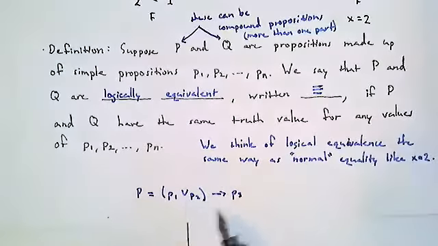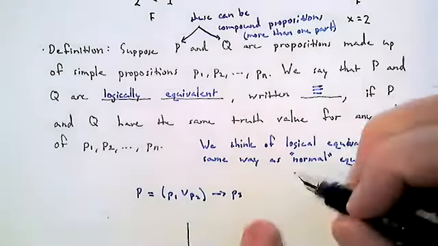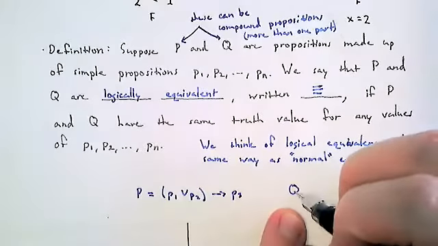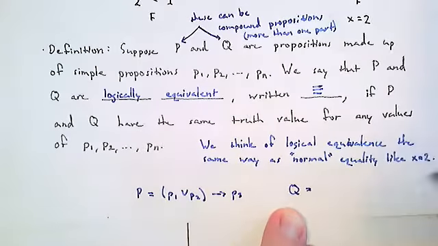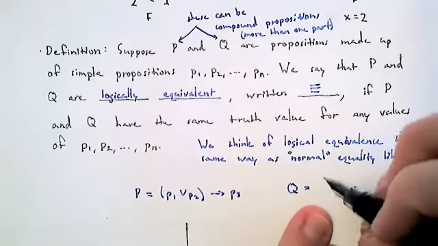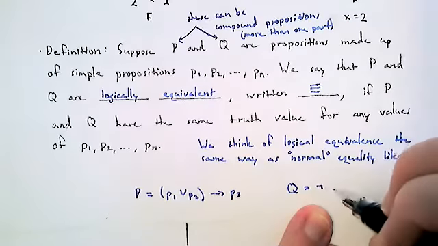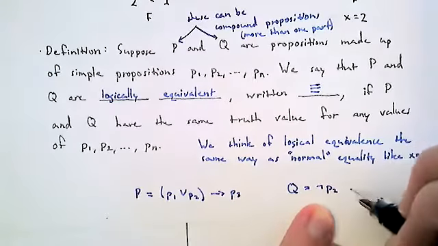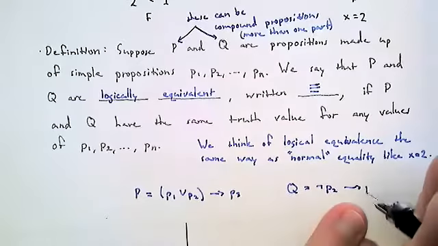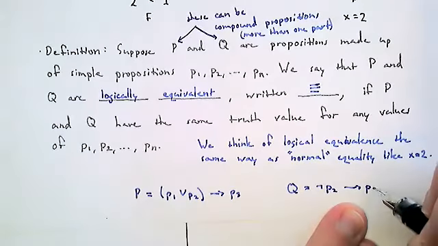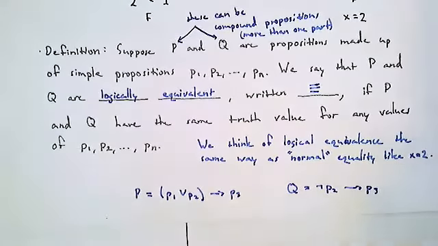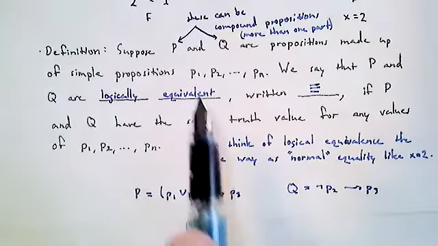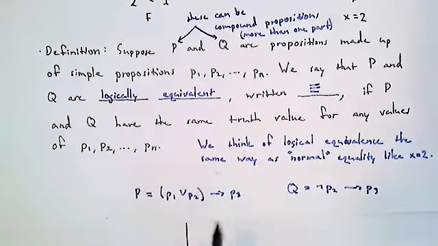So this could be what my capital P is. And my Q could be something, and what I'm writing isn't actually going to be logically equivalent, just examples of what they might possibly be. So your capital P is something complicated, and your Q might also be something complicated.